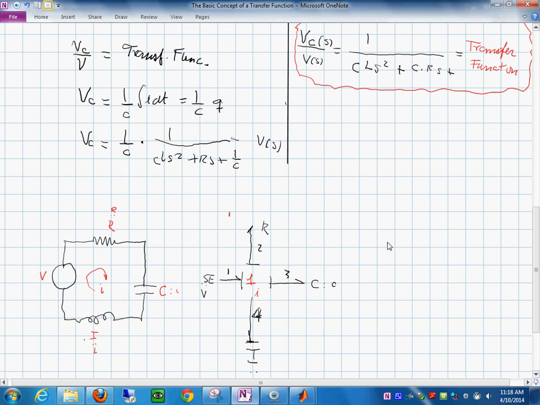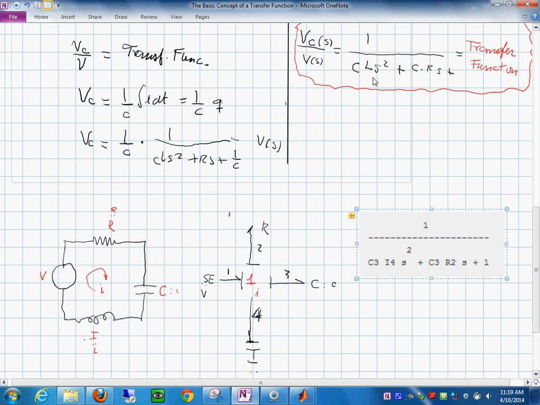See, in here, take a look. You see what happened with the bond graph model? The transfer function of this, in this case, the way this reads in the bond graph notation, this is E sub 3 divided by the voltage, which is SE1. Now compare this to the one up here.